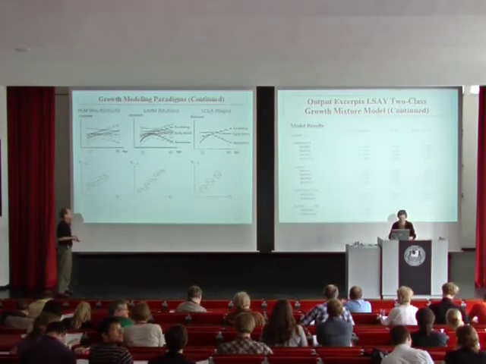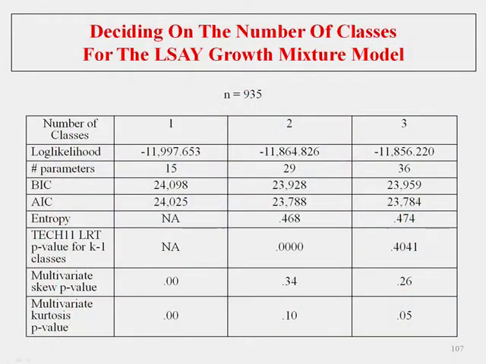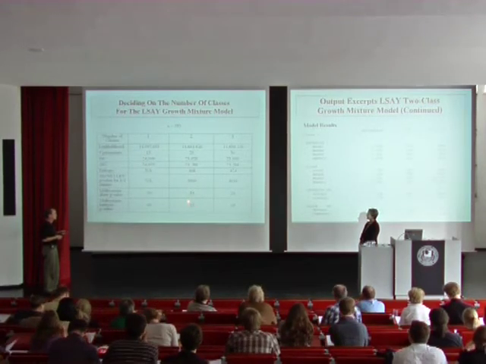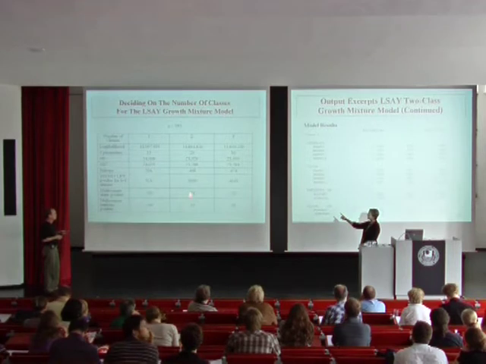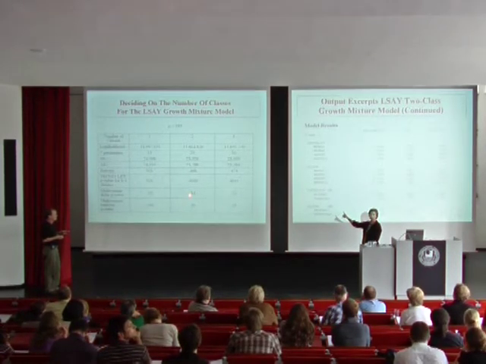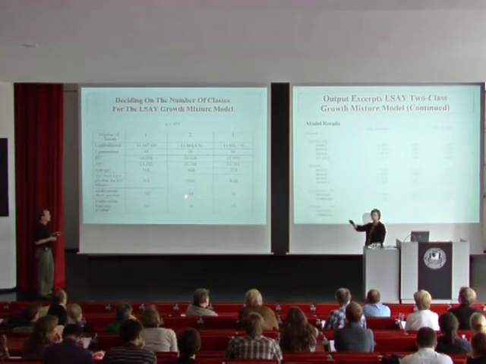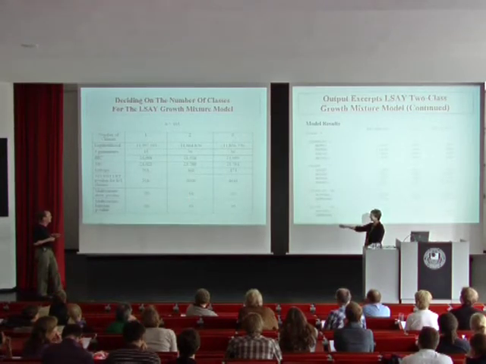Okay, and then also a question on page 107. How can I use the multivariate skew p-value and the kurtosis p-value? How do I interpret them? What are they good for? Basically, you look for the first place where you cannot reject the null hypothesis that the skewness and kurtosis come from the model.